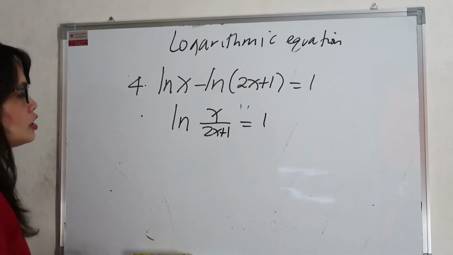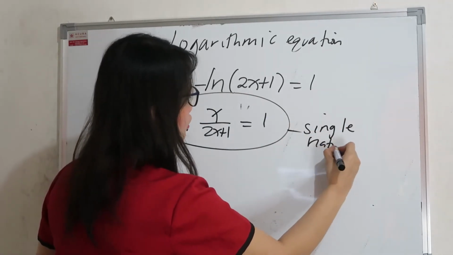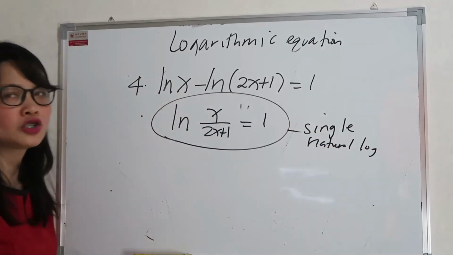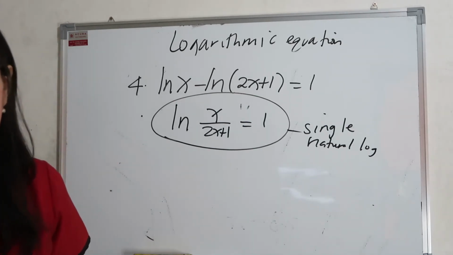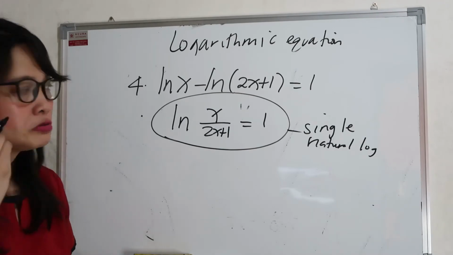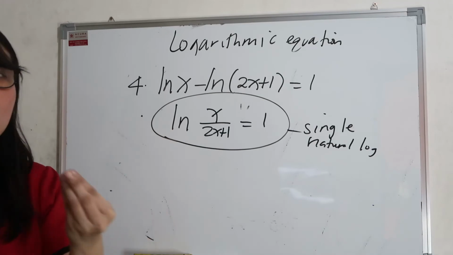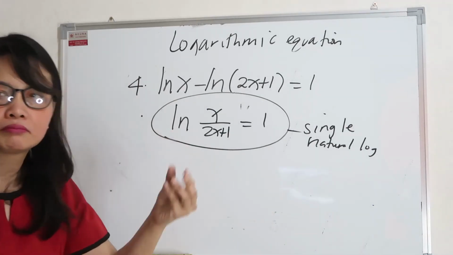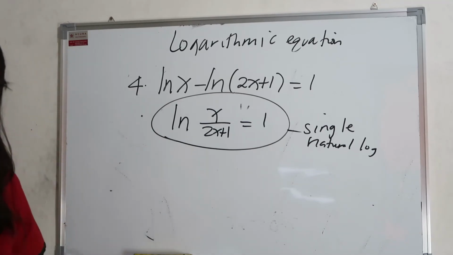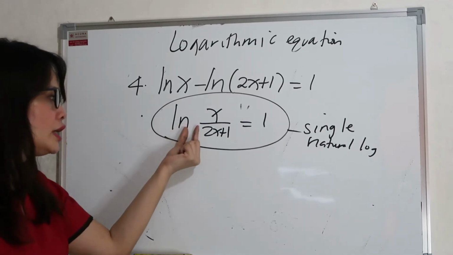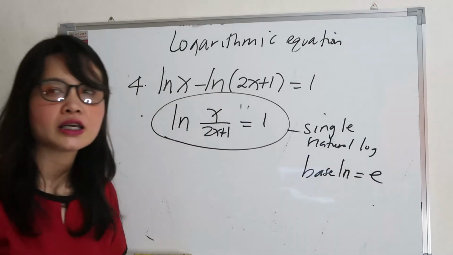Okay? So since you do have a single natural log, we can convert that to an exponential expression. So how do we do that? What is the base of ln? Ano ba base ni ln? As always, the base of ln is e.